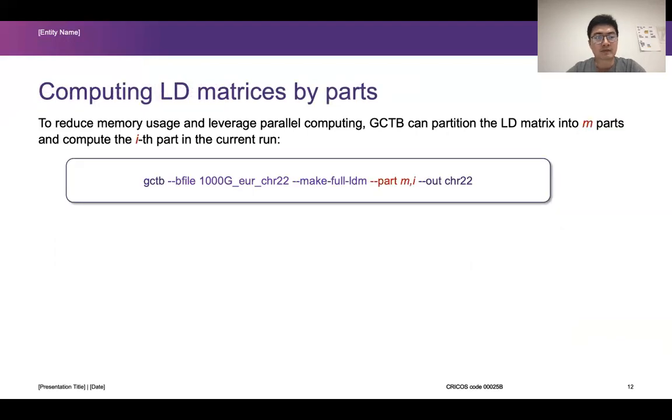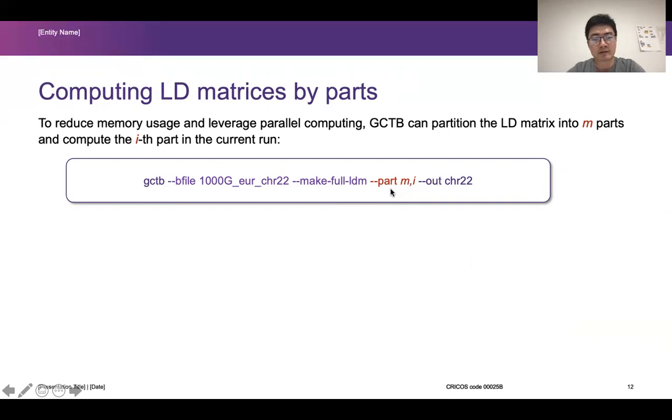Depending on the number of SNPs and the sample size, computing the LD matrix for the entire chromosome can be quite memory and time consuming. So to improve the computation efficiency, we provide an option to partition the LD matrix into n parts and compute each part in parallel. So with this flag --part i n, I specify the run for the i-th part out of a total of n parts.